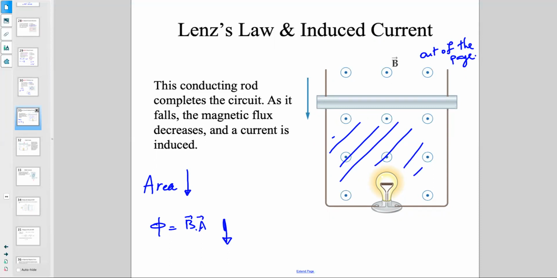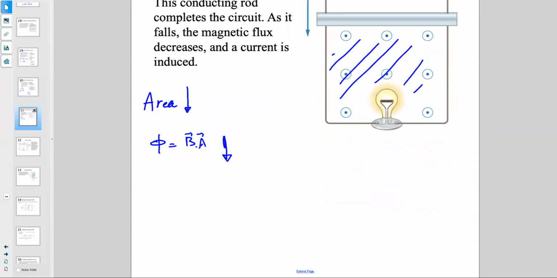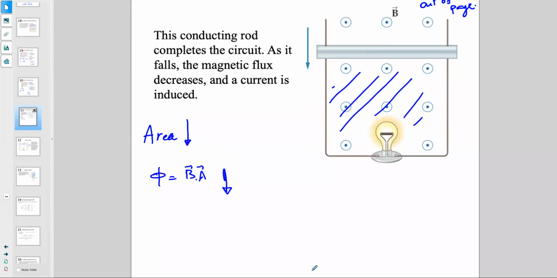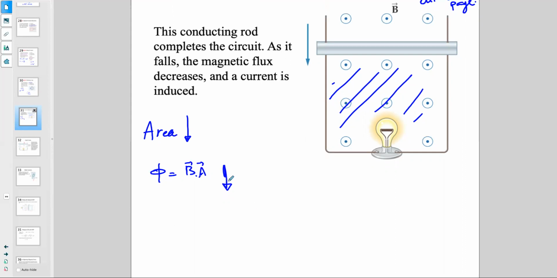If your flux is getting smaller, you have to have your induced current in a direction to oppose this decreasing flux. In other words, this is out of the page. In order to oppose this decreasing flux, you have to have the current in this direction, to oppose this, okay?